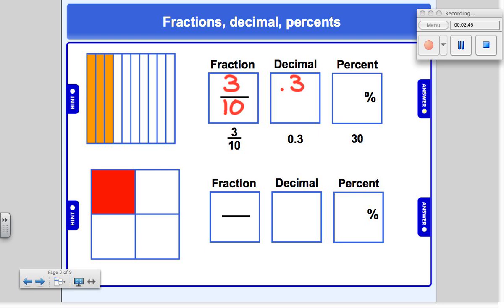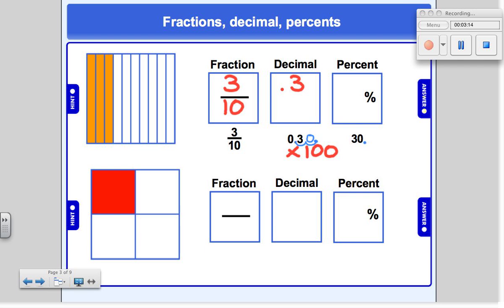Okay, because remember, we're out of 100. So if I wanted to technically change my 0.3 to 30, I'm really multiplying by 100. And remember, when we multiply decimals by 100, we are essentially moving the decimal point 2 places to the right.